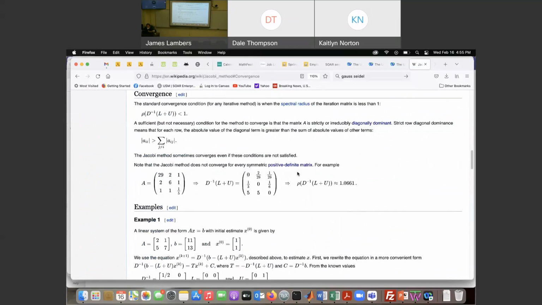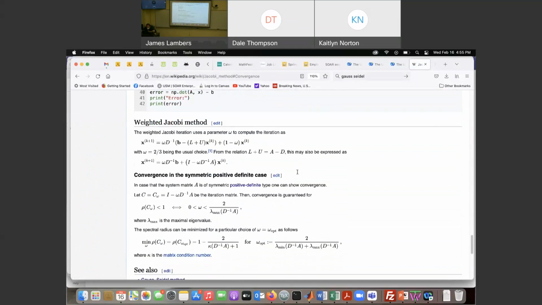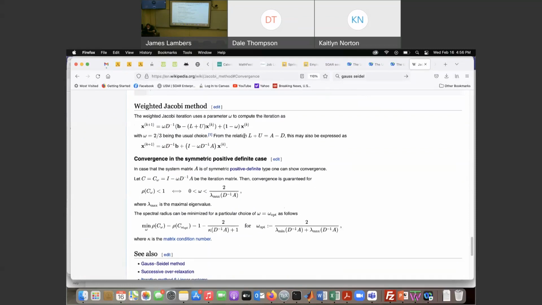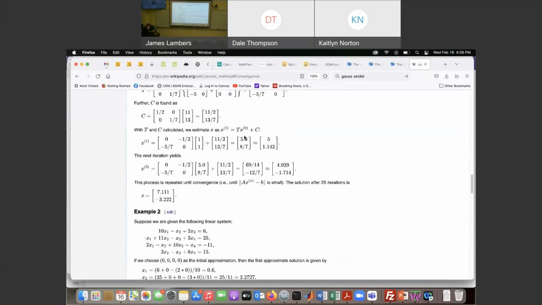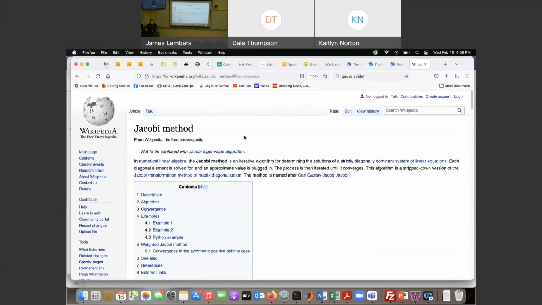I remember reading somewhere that some other condition had to be satisfied; I don't believe that's mentioned here. This is the variation of the weighted Jacobi method that does converge in the symmetric positive definite case. So at least I remember correctly. You never know, that's something else working with the second edition.